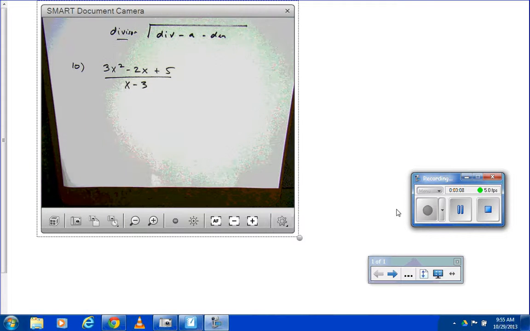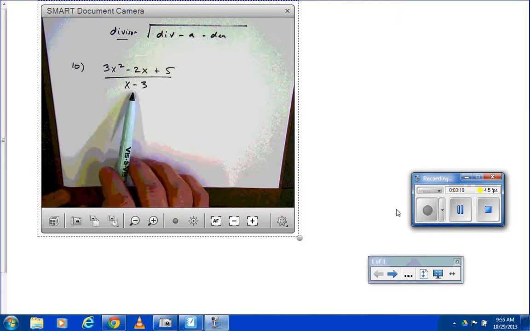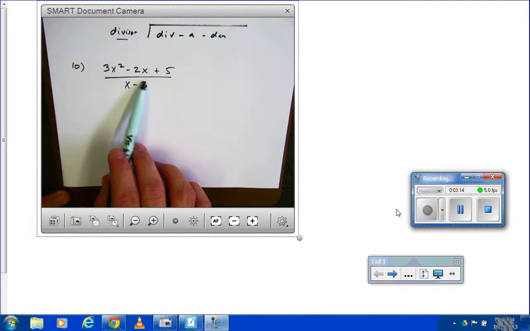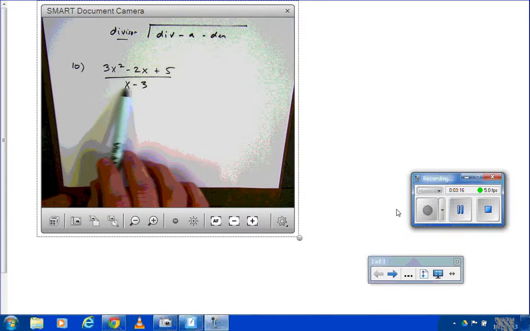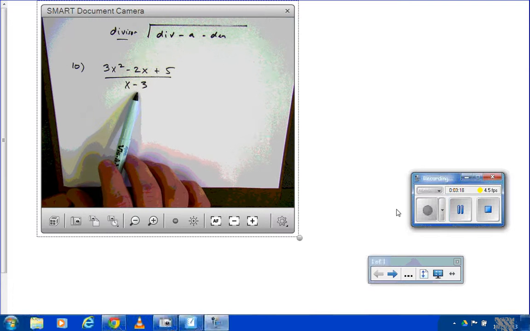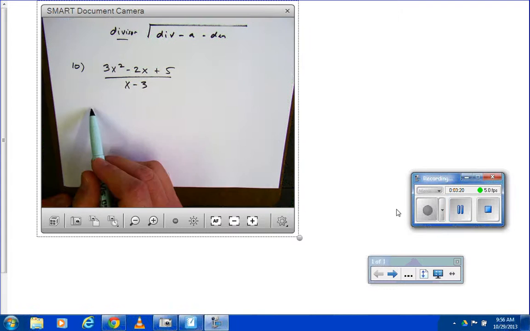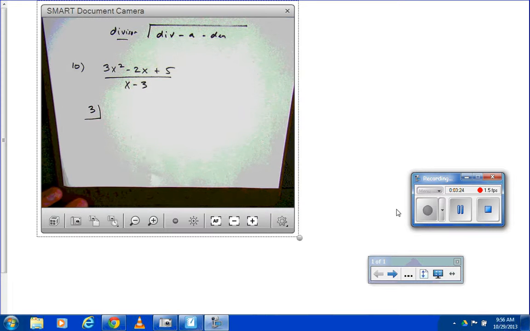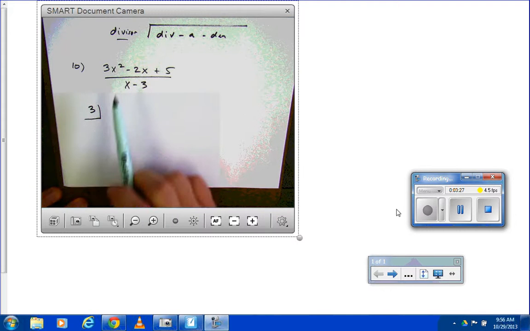Let's go over how we do synthetic division. What we start off with is not x minus 3 here, but we start off with the zero. What's the zero? 3. So we'll write 3 and put it in a little symbol like that. Then we're going to list the coefficients.